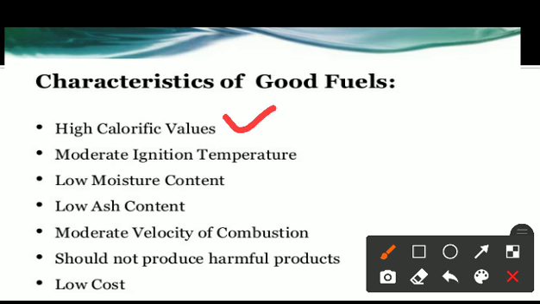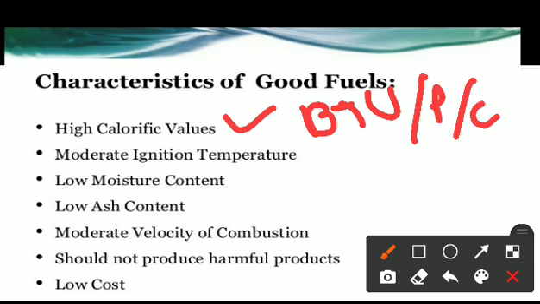In the case of solid or liquid fuel, the calorific value is usually expressed in BTU per pound or calorie per gram. That is, 1 calorie per gram is equal to 1.8 BTU per pound.